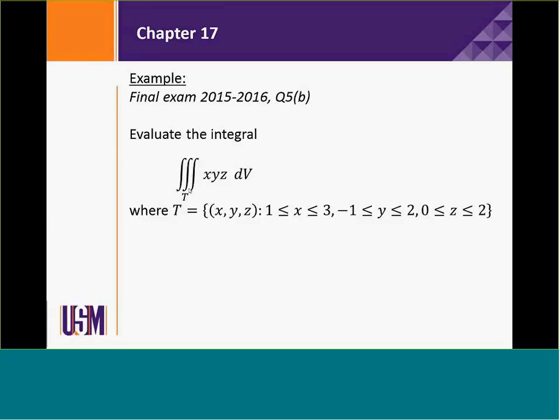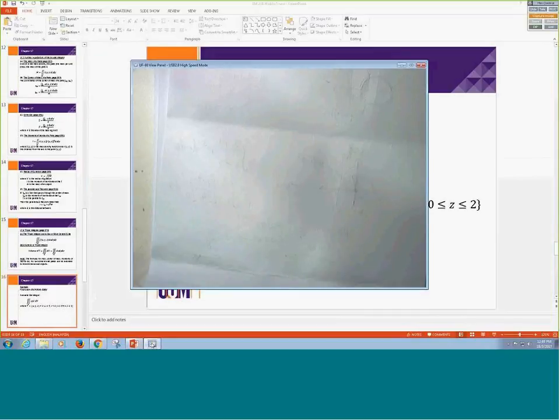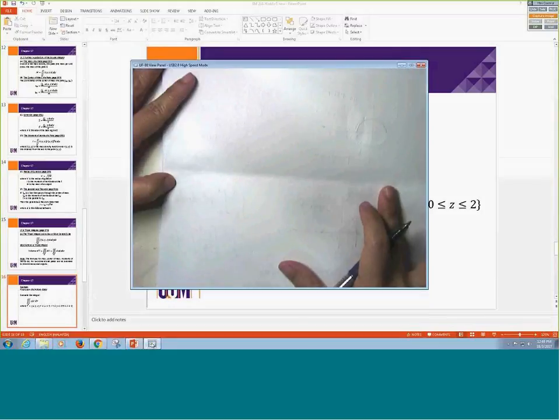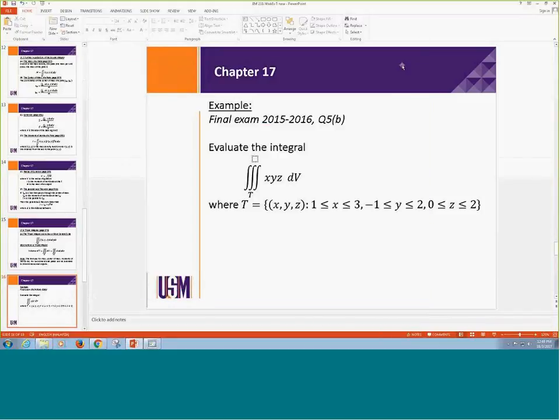Okay, this is a question from the final exam 2015/16, question 5. Let's take this question. Let me copy the question first. Now you have a triple integral of xyz dV.